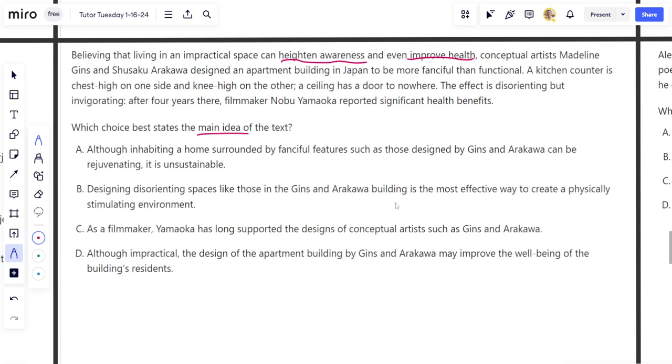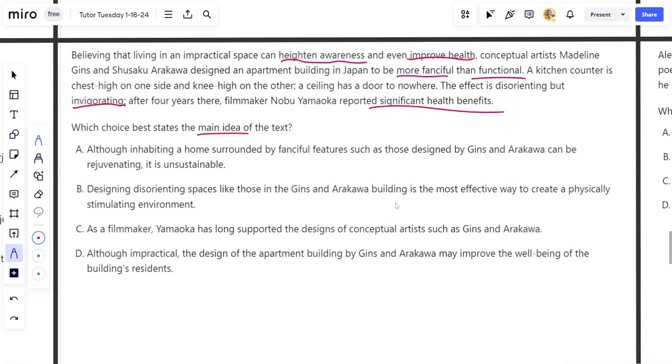A kitchen counter is chest high on one side and knee high on the other. A ceiling has a door to nowhere. So more fanciful than functional. The effect is disorienting but invigorating. After 4 years there, filmmaker Nobu Yamaoka reported significant health benefits. Seems to line up with what we saw earlier in the passage.